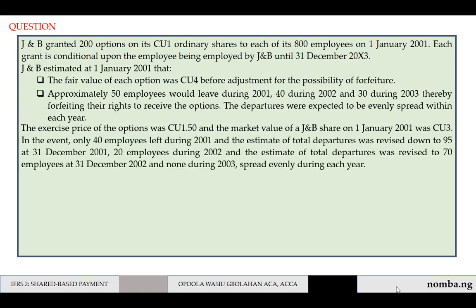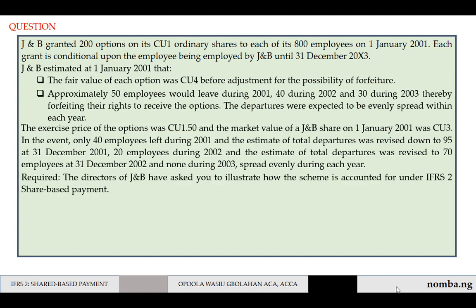In the event, only 40 employees left during 2001, and the estimate of total departure was revised down to 95 at 31st December 2001, and 20 left during 2002, and the estimate of total departure was revised to 70 at 31st December 2002, and none during 2003, spread evenly during each year required.